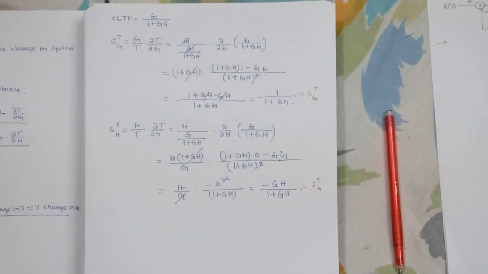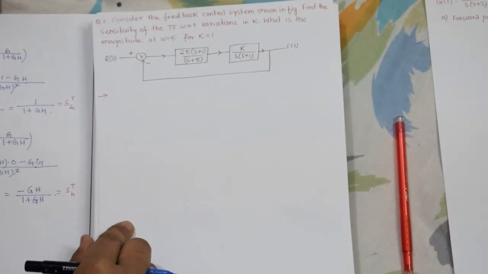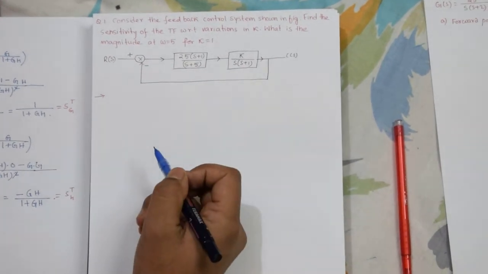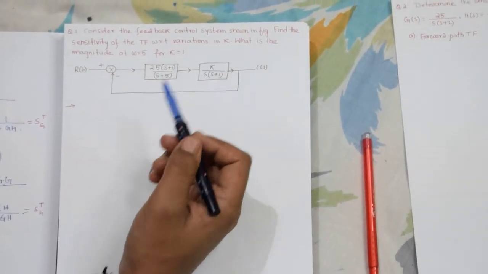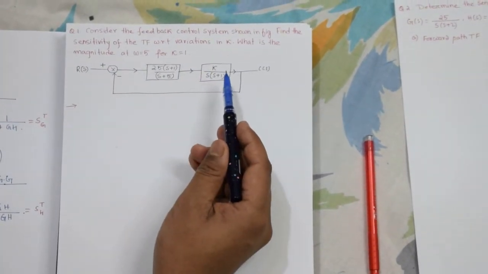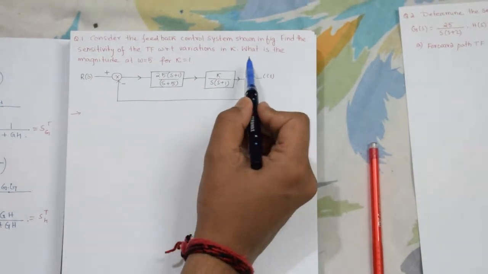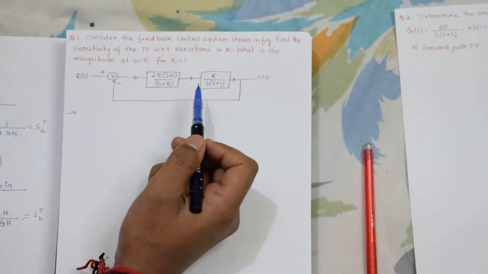Now we will see some examples. Here the question is, it is a feedback control system. Find the sensitivity of the transfer function with respect to variations in k. And the second part is, what is the magnitude at omega equal to 5 for k equal to 1.